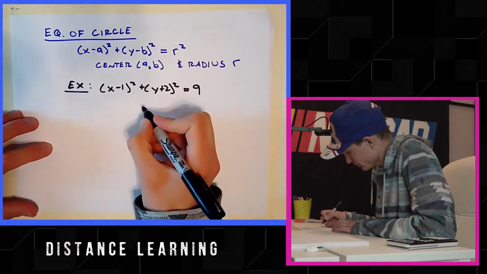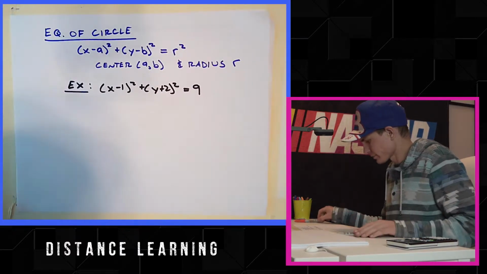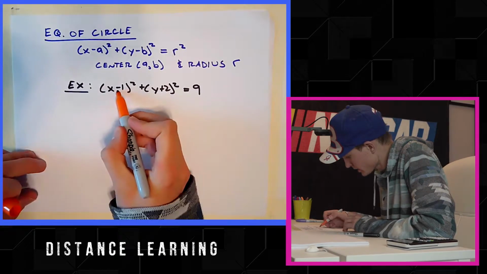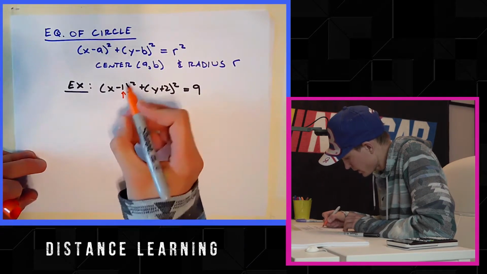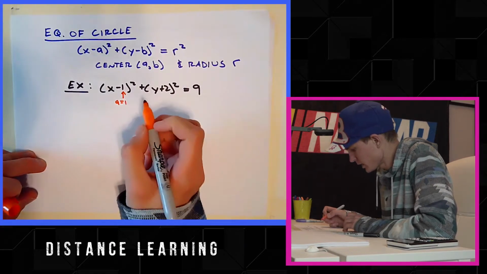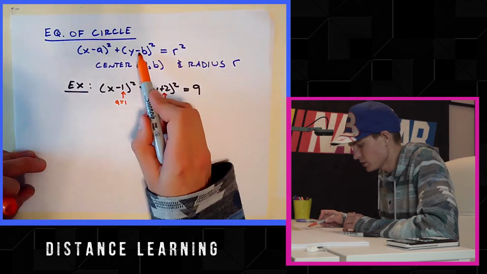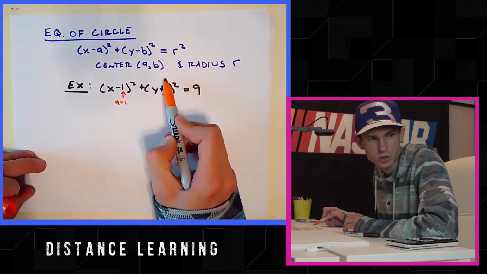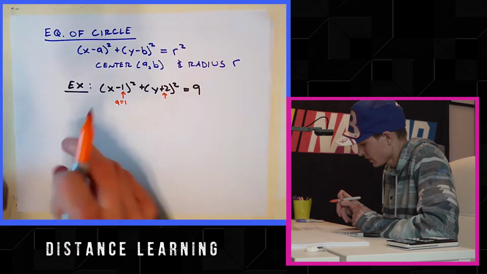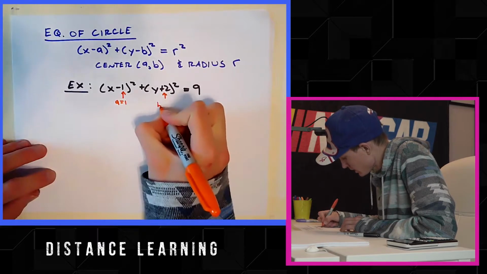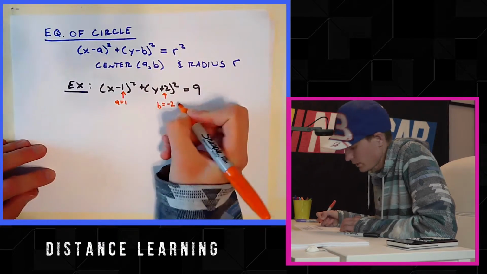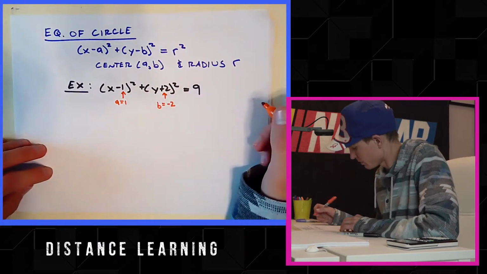So, if you look at that, you see minus, that means there's this 1 here. A is 1. Now you'll see here, it's a plus sign. That means from this equation, minus, for it to be a plus 2, you need another negative sign. So, B is negative 2. That's the only thing really that'll trip you up here.